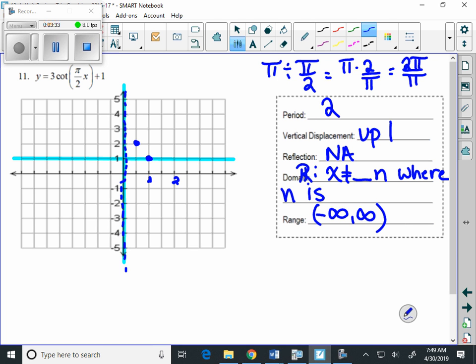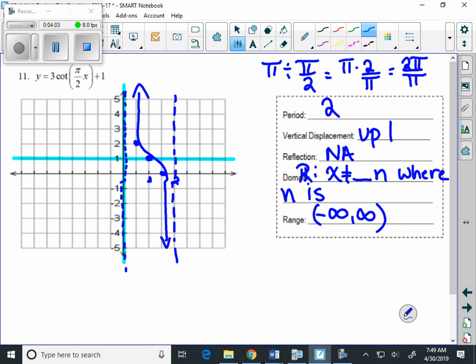And then we did the cotangent of 3 pi over 4, which was negative 1, which was 1 underneath that value. And then when we finished, we came up with the cotangent of pi, but the cotangent of pi was undefined. So here is our cotangent graph with a little disorientation in there.